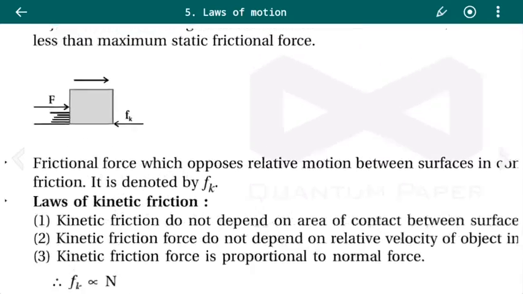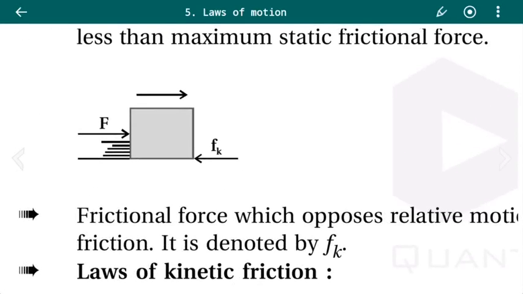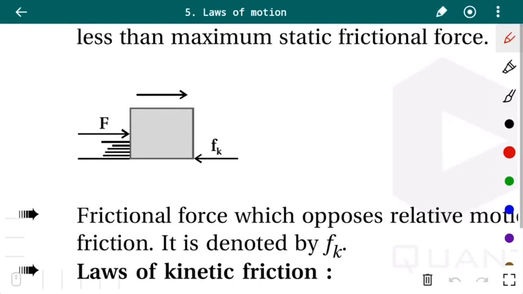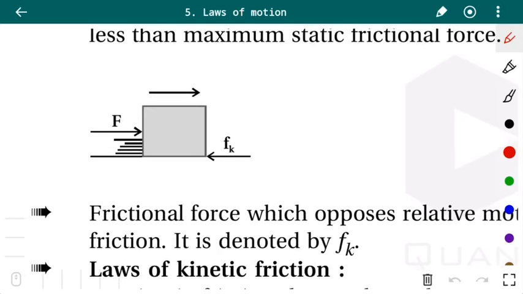That means here you can see the object is lying on the surface and the external force is provided to the object in this direction. Then the surface will provide friction to the object and it will oppose the external force to keep the object stationary.